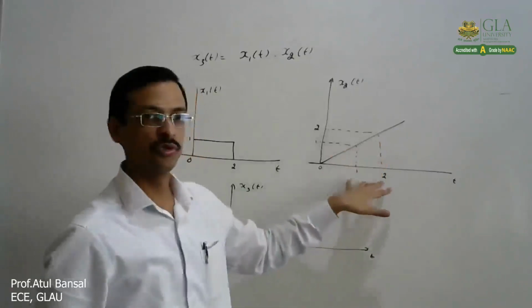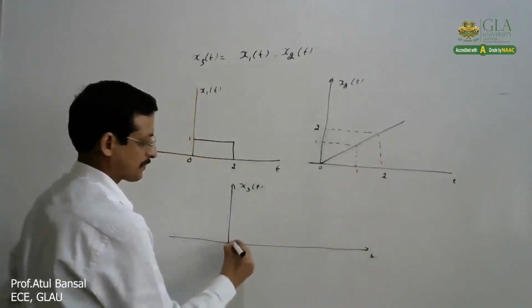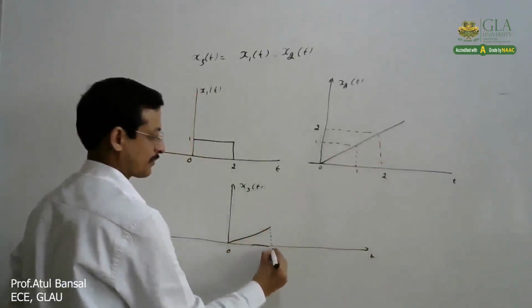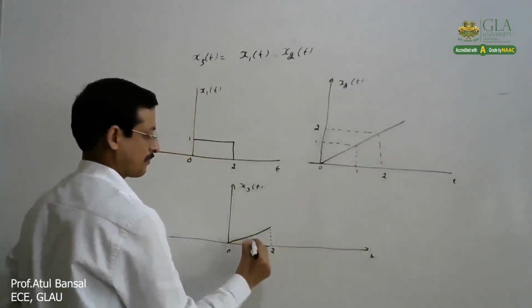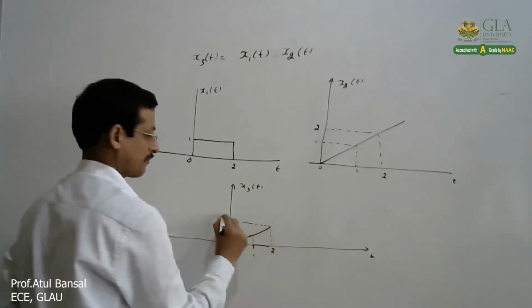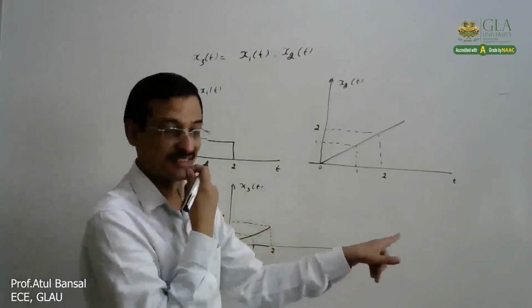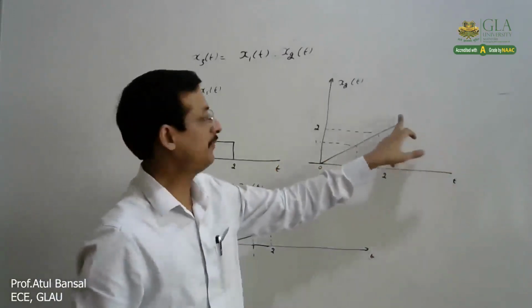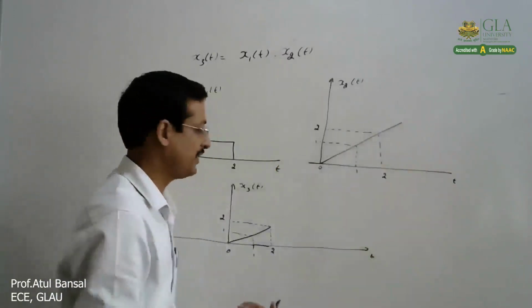From 0 to 2, we will get this, and from 2 onwards, this is 0, this is increasing. So 0 into magnitude, whatsoever is the magnitude, will be 0.